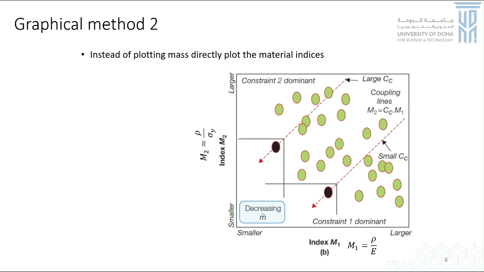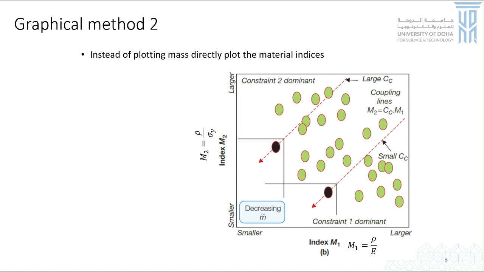So instead of plotting the mass, you can actually plot the material indices, because if you think about it, for a given scenario where your L and F and the stiffness is a fixed constraint, then the only things which are variable are those material indices, isn't it?